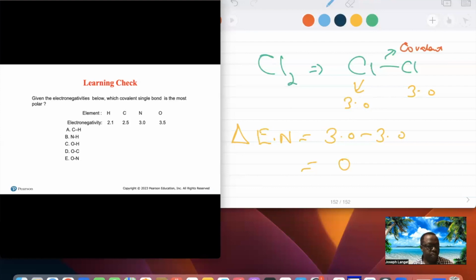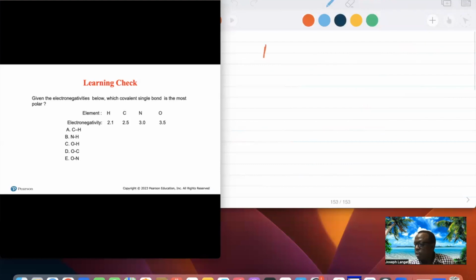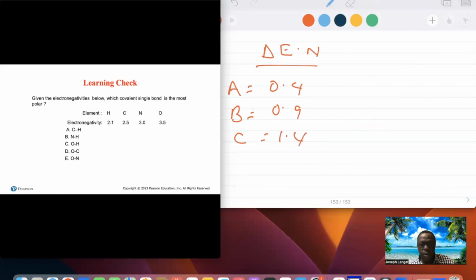The change in electronegativity for A is 0.4, B is 0.9, C is 1.4, D is 1, and E is 0.5.